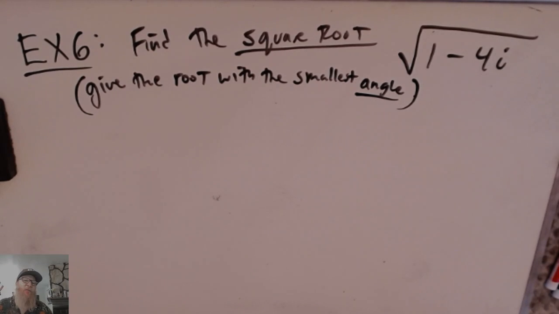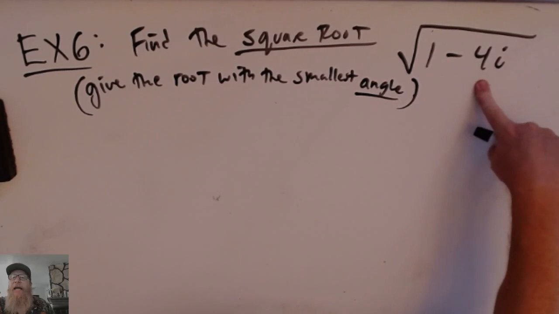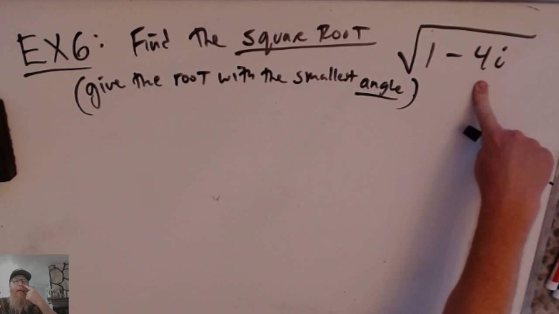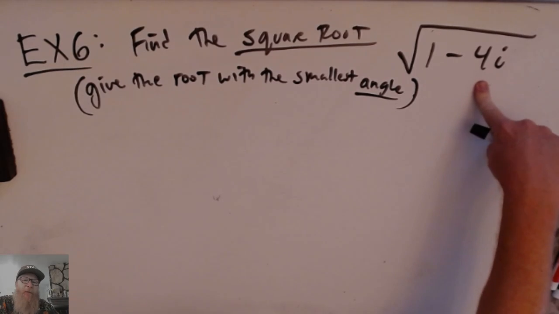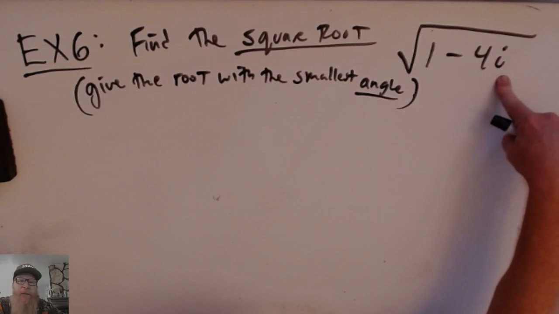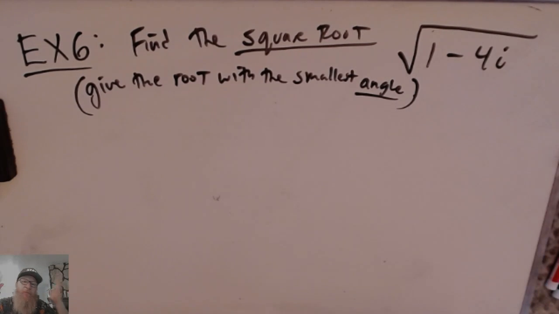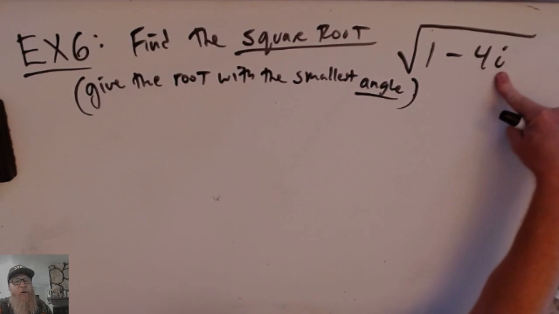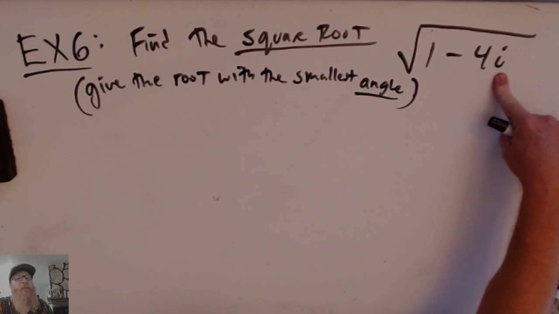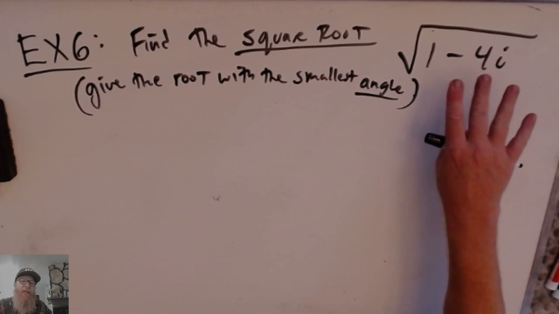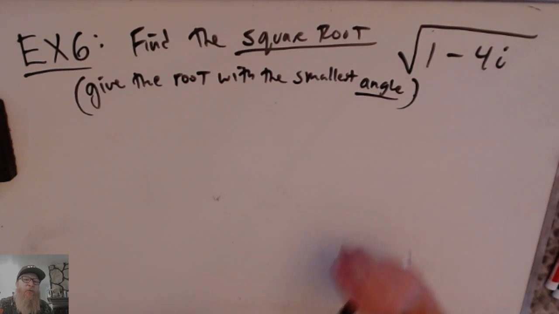Now, I'm not sure if you've ever seen this in another algebra class. There are some algebraic techniques for finding the square root of an imaginary number. I always tell my basic algebra and even my intermediate algebra students not even to put the i under the square root because it just causes so many problems. But at the pre-calculus and calculus level, you're going to have problems that involve square roots of an imaginary, and you do not want to attempt it with algebraic techniques.